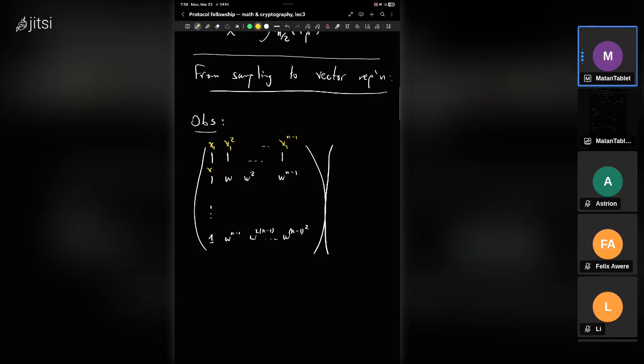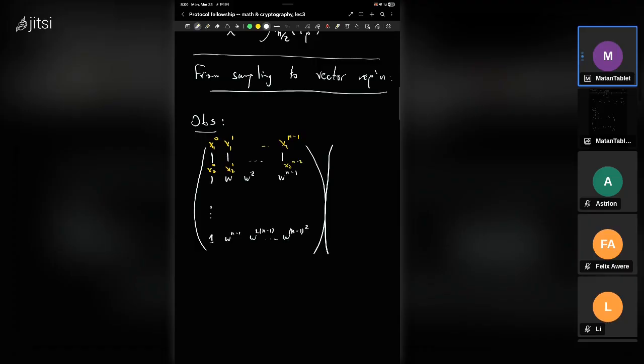Then x2 to the 0, x2 to the 1, up to x2 to the n minus 1, and so on.